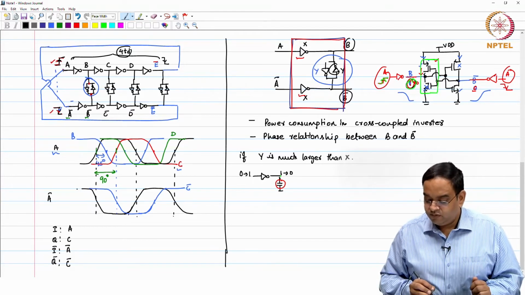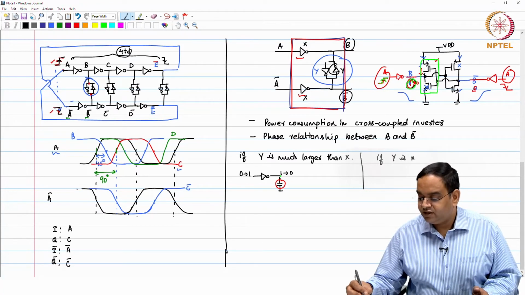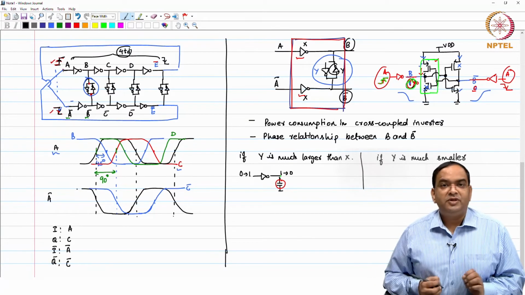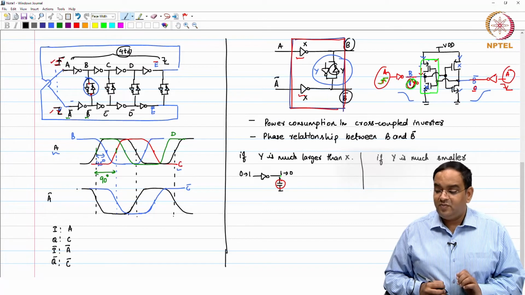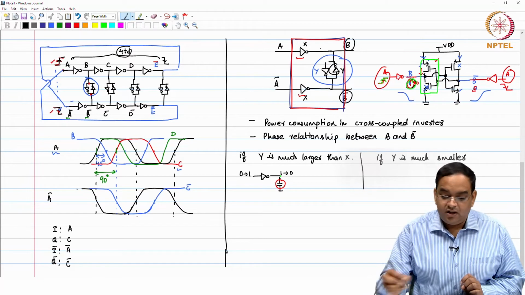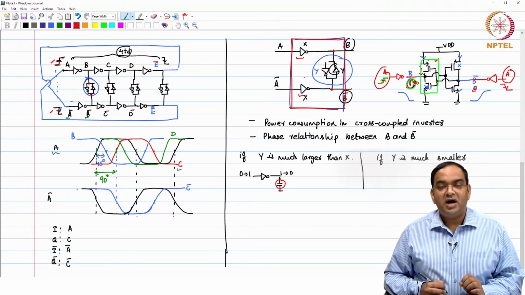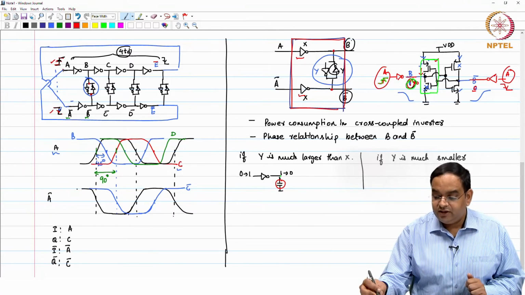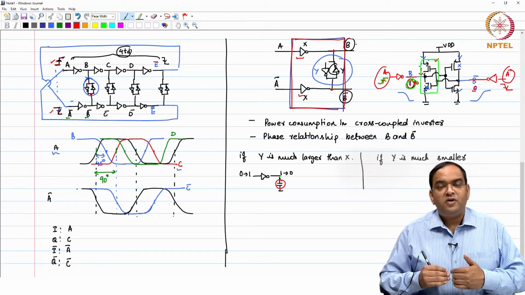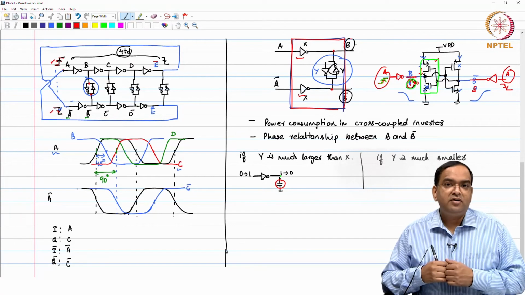Now, if you look at, let us say, if Y is much smaller, then what happens? If Y is much smaller than X, then in that particular case, in response to this transition A and A bar at the input, B and B bar may not be aligned by 180 degree phase.